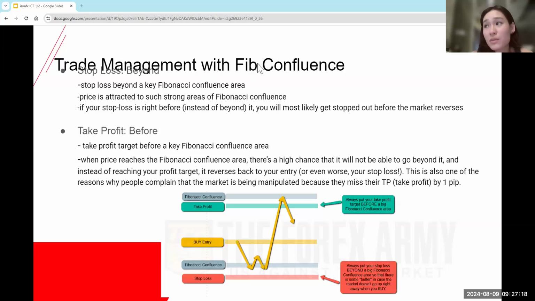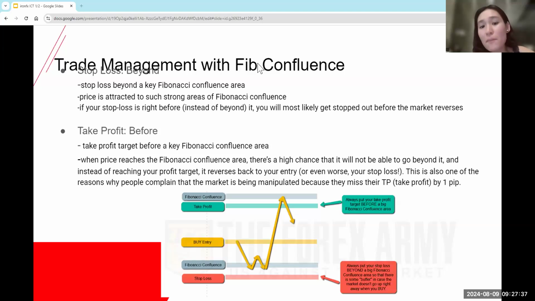Here we're talking about Fibonacci confluence, but this can apply to pretty much any resistance area or any big support area. So it could be your big areas of liquidity or swing highs and swing lows, and so forth. This applies for that as well.